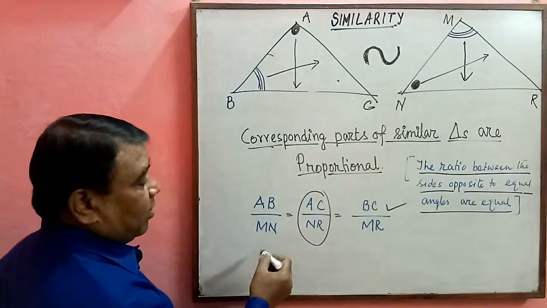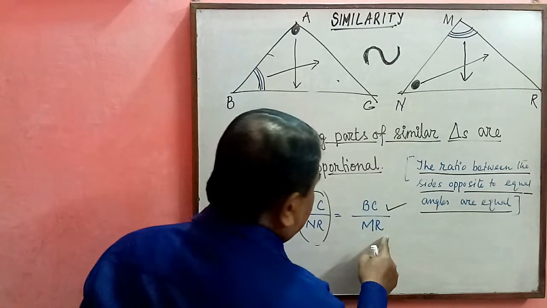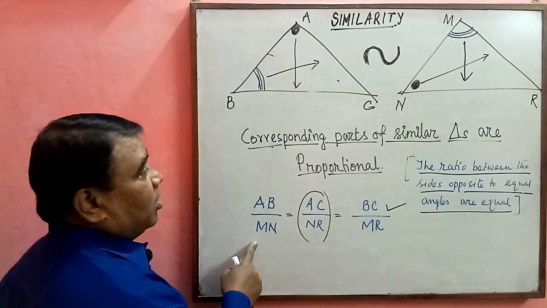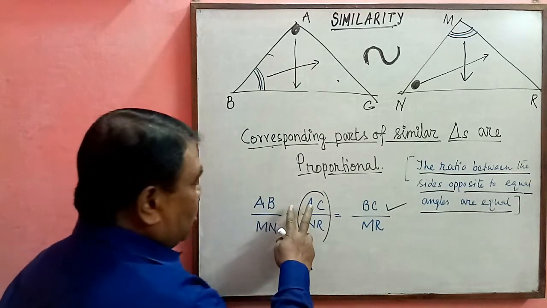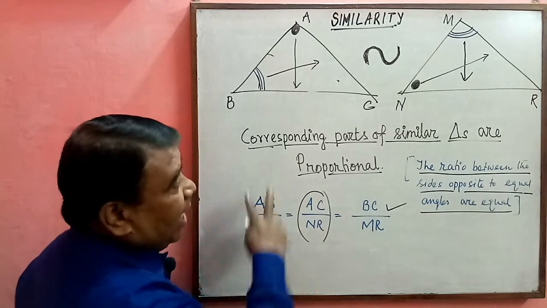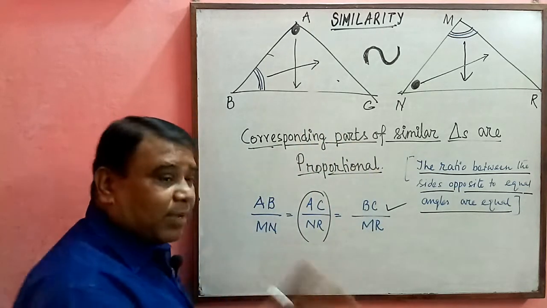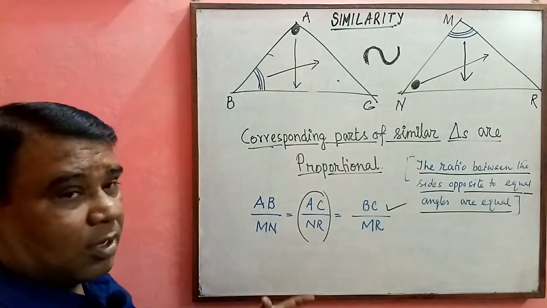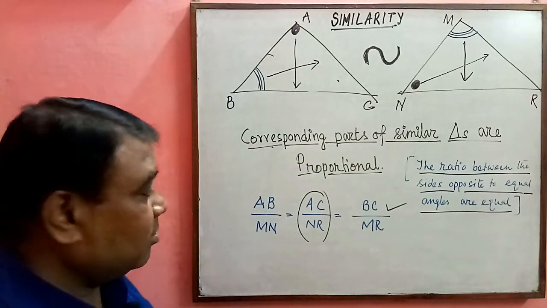So AB upon MN. Therefore, this is what we have. That means the sides opposite to the equal angles are in the same ratio. That is what we say proportional.